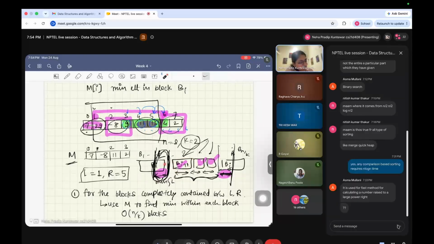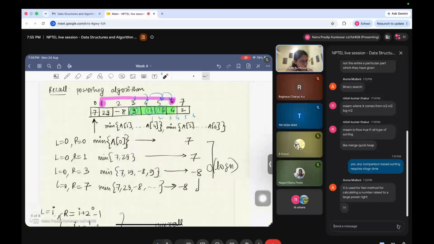Now you have to find the minimum. Like you said, if k is 2, you can store whether it was the left element or right. But if k is an arbitrary number, what you could do is just use your linear search algorithm, which is this one.